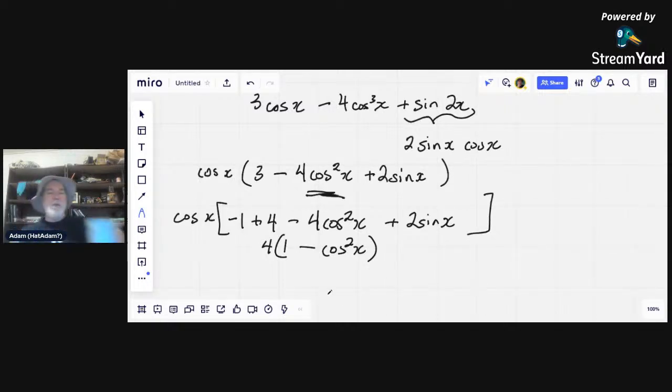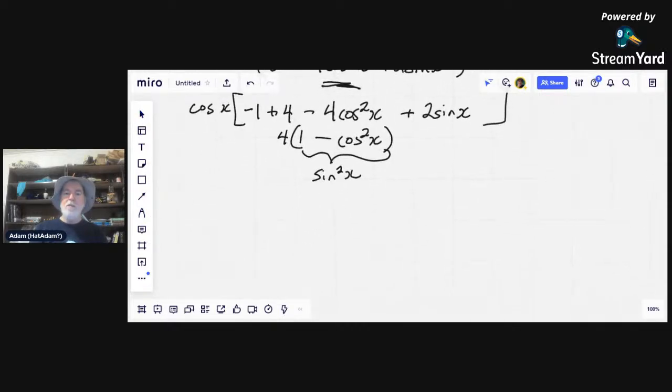That 1 minus cosine squared x ends up just being sine squared x. So ultimately we did want to convert everything to sine, but in order to do that, we have to factor out the cosine. So let's scroll this up here. We gain some valuable real estate.